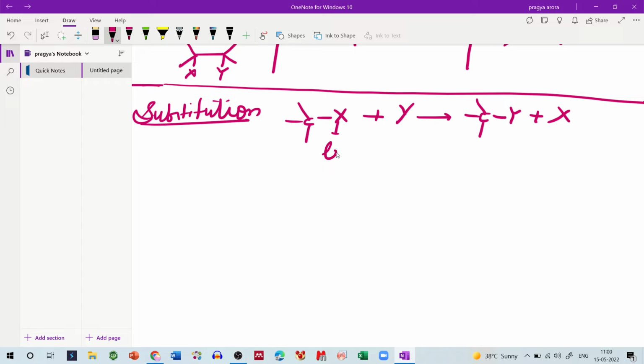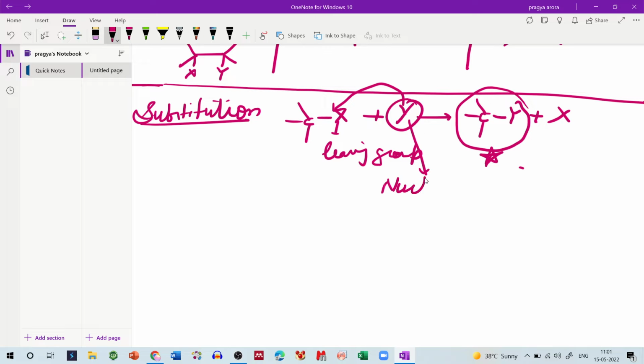This X is the leaving group, and Y will replace this X and will generate the new compound. So in this substitution reaction, this Y acts as a nucleophile.